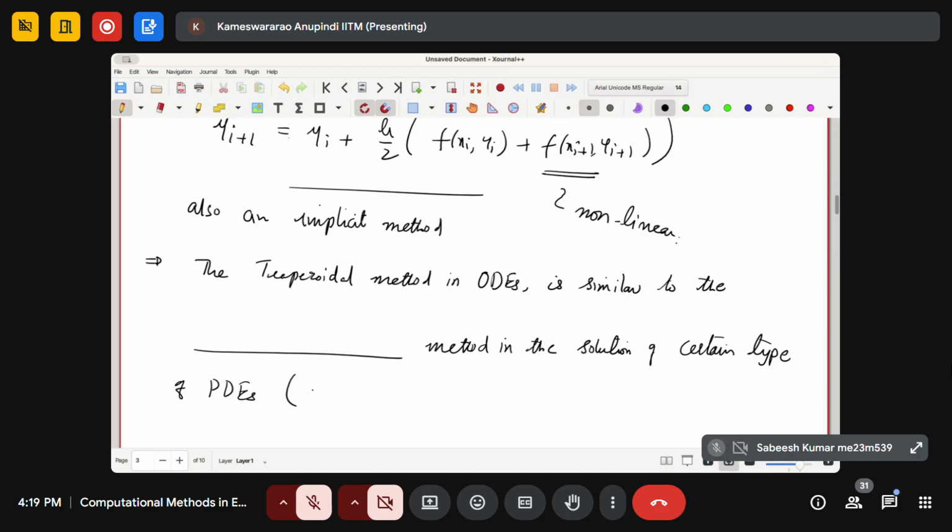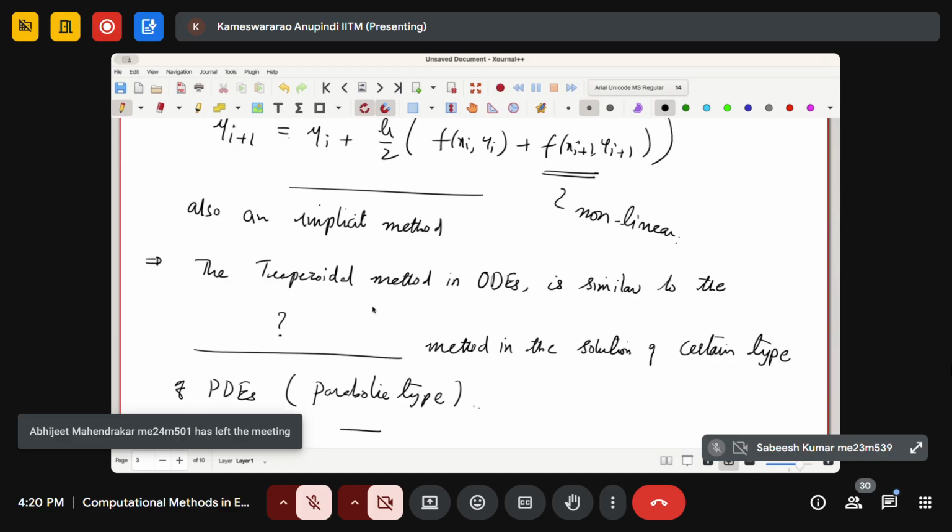Okay, and this type of partial differential equations happen to be a parabolic type. So my question is, what is the counterpart of this method in the solution of partial differential equations that we have already seen? To which method do you relate this trapezoidal method in the context of solution of PDEs?